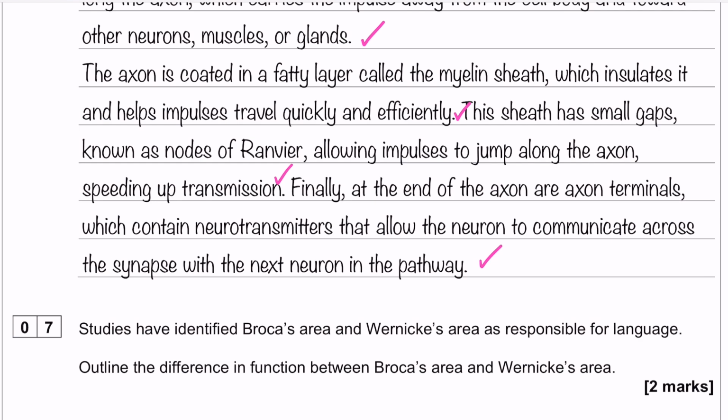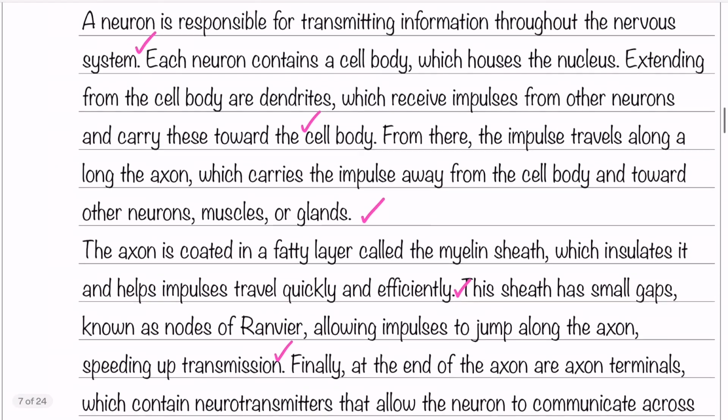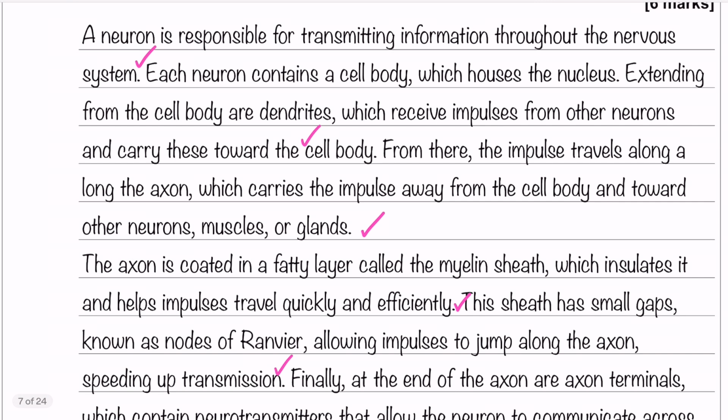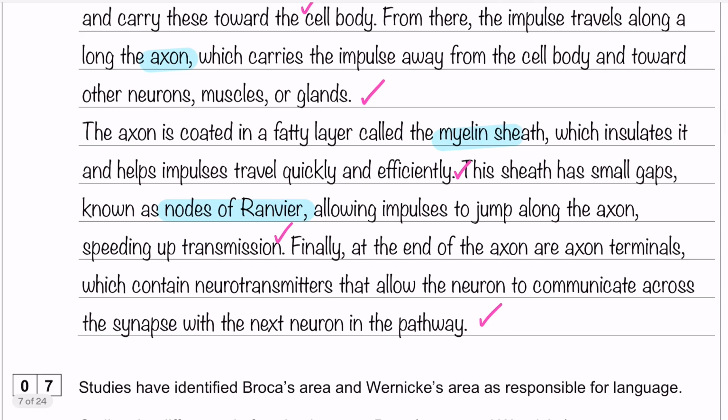You'll notice the keywords are very important, because they give you structure in terms of what you should be talking about. Keywords like cell body, nucleus, dendrites, axon, myelin sheath, nodes of Ranvier, and axon terminals are your key structures within the neuron.